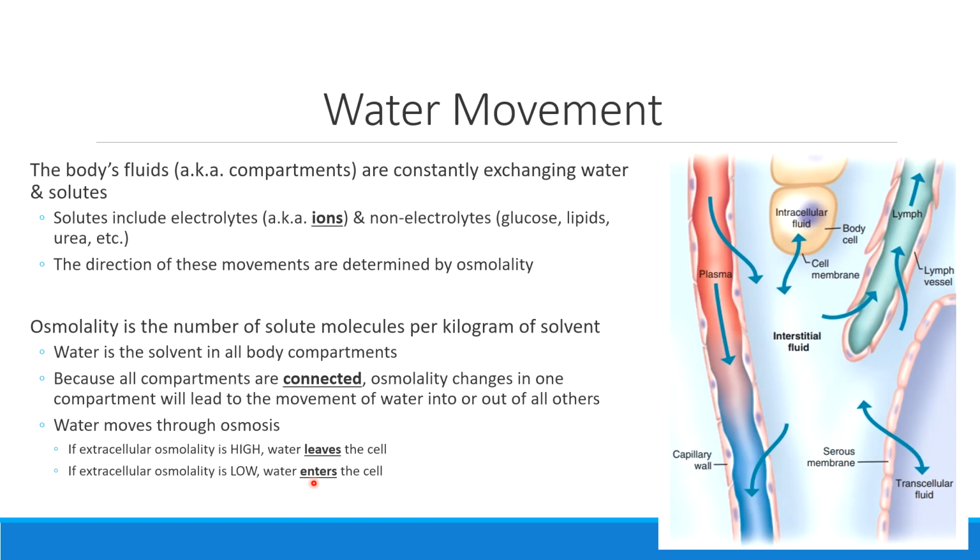The opposite is true as well, though. If the osmolality of a solution is low, that means there's a lot of water on the outside, and that's going to push water into our cells. But remember, if I push water from the interstitial fluid into the intracellular fluid, that's also going to cause water to go from the plasma into the interstitial fluid. All of these fluids are connected to one another.